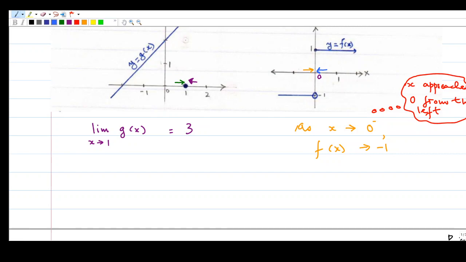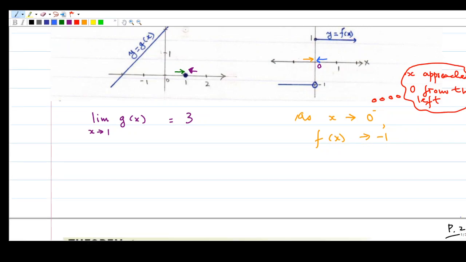So we can write this as the limit of f of x as x approaches 0 from the right is equal to 1.